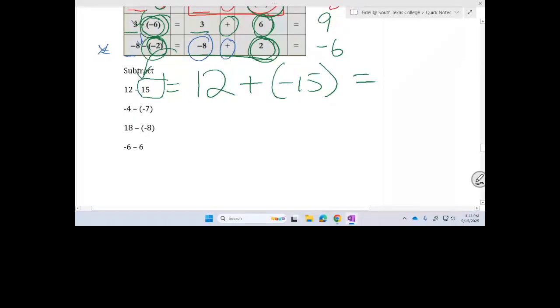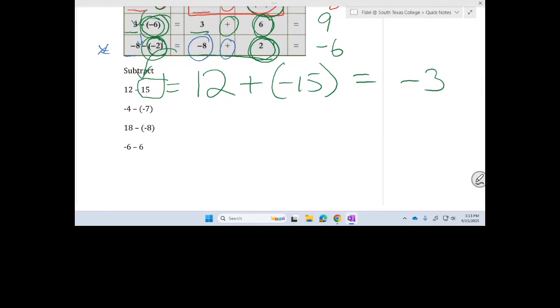Okay, 12 plus -15. I owe you $15, but I only have 12. What do you think happens? Am I good, or do I still owe you money? I owe you 15, but I only have $12 in my pocket. I still owe you 3, and because I owe it to you, what kind of 3 is it? Negative, right?